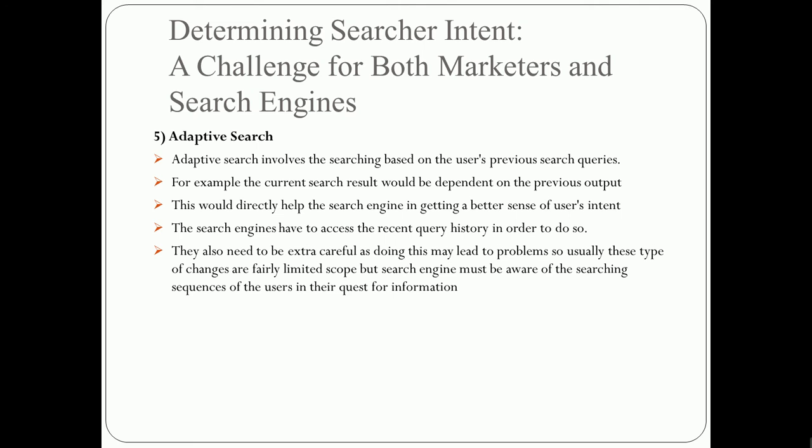So they also need to be extra careful when SEO is being done. So these are the types of queries which can be used in the search engine optimization process.